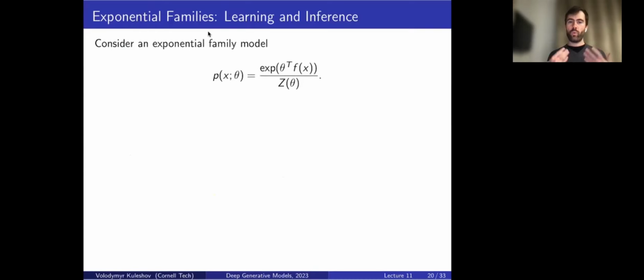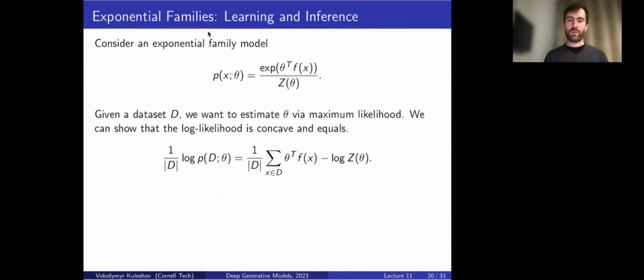So let's say that we have an exponential family model here. As I said earlier, we will still try to learn this model using maximum likelihood, although in the next lecture, I'll show you that this is not the only way of learning these models. But for now, let's say that we're interested in maximum likelihood. The likelihood is basically the log probability of the data set.